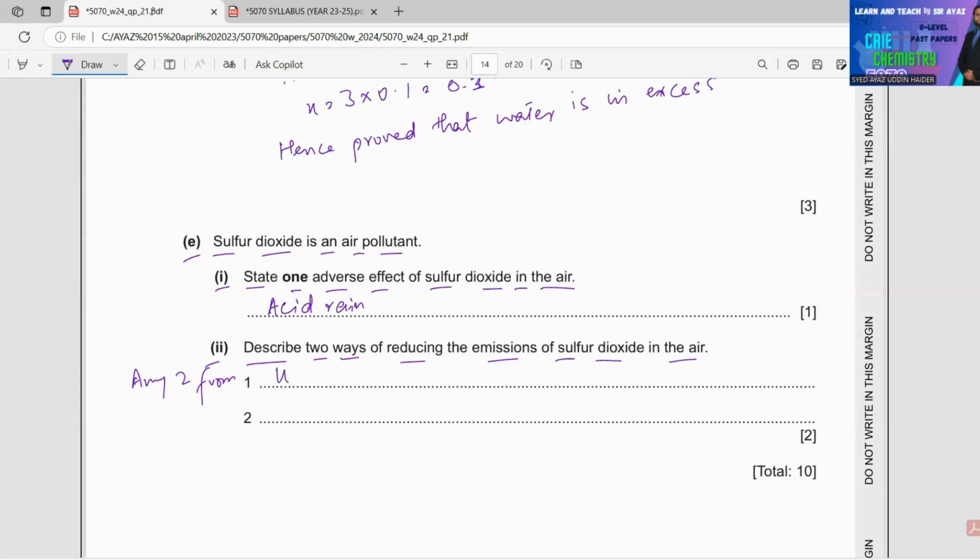So I will write: use low sulfur fuels, or do not use fossil fuels.